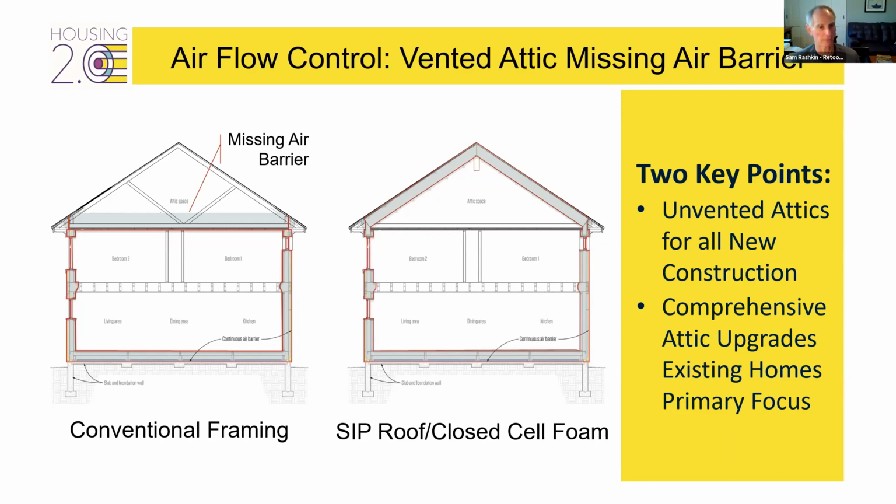Remember, the theme today is simplicity. If we just set up an infrastructure that not just did insulation, but air sealing and air barriers, and did a comprehensive attic upgrade, and if there are any ducts up there, did some basic sealing, you would be able to get the biggest impact for the least cost. So that would be my key point and takeaway about understanding the building blocks for zero carbon.